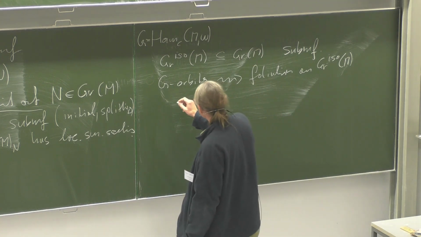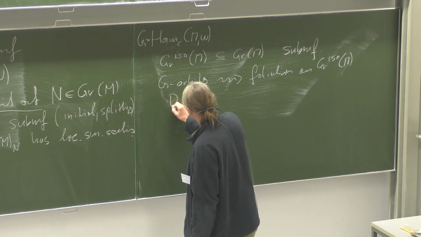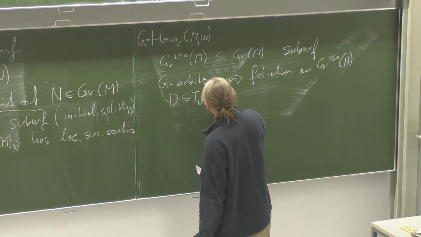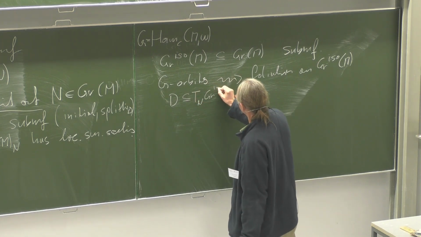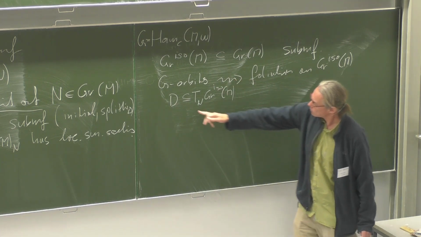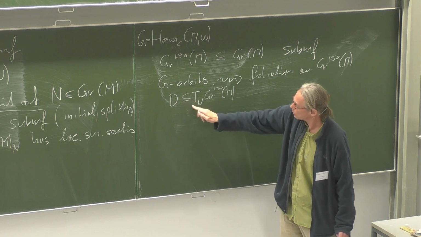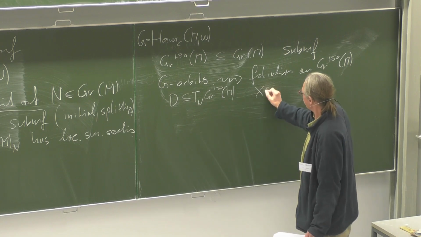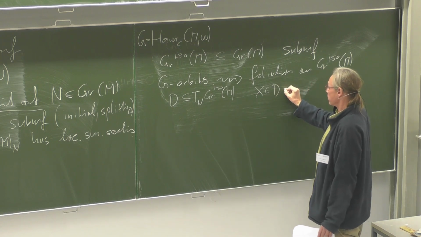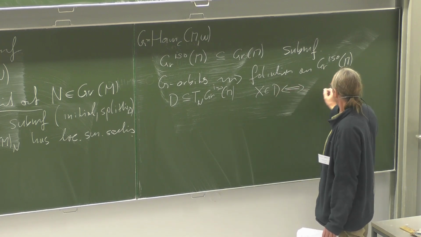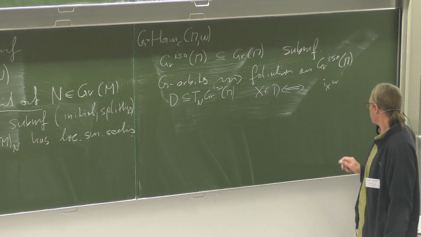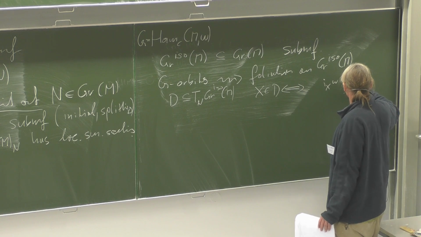The corresponding distribution can be described explicitly, that featured in Cornelia's talk too. The distribution, the tangent space to this orbit, is a subspace in the tangent space of finite codimension, and a tangent vector is in the subspace D, in this isodrastic distribution, if and only if you contract it with the symplectic form and restrict it to n, then it is exact.